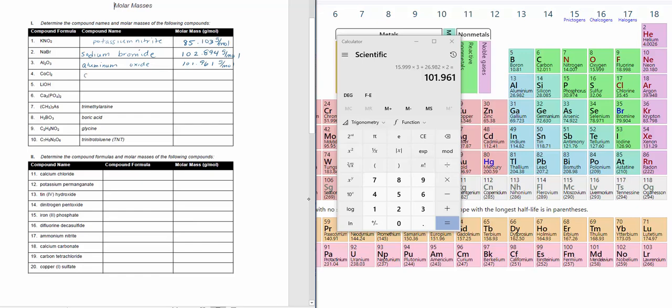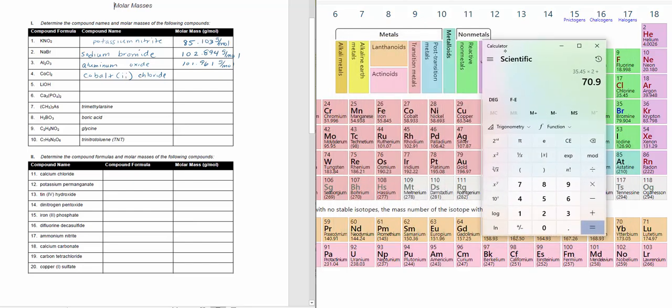Number 4, this is cobalt, and it is cobalt 2 chloride. I'm already over here at the halogens. Chlorine is in row 3, but column 17. Chlorine has a mass of 35.45, and I have 2 of those. And I need to add that to 1 cobalt.